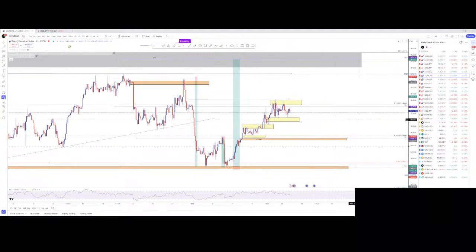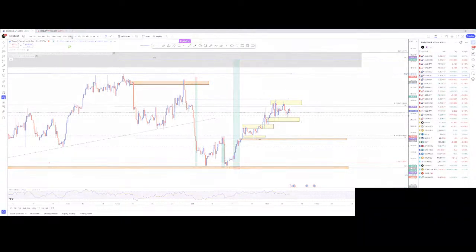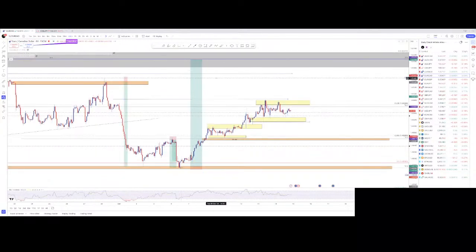So with this thing, I just want to set these alerts. Okay. Now, since we are expecting a break above this area of range, what we don't want to do is just jump in the sell just because it hits the highs.